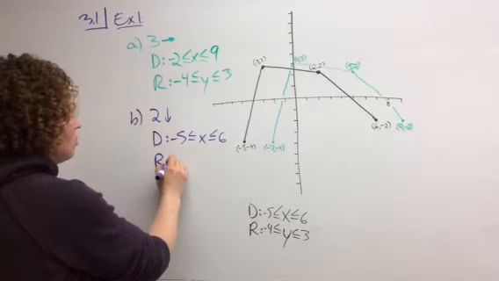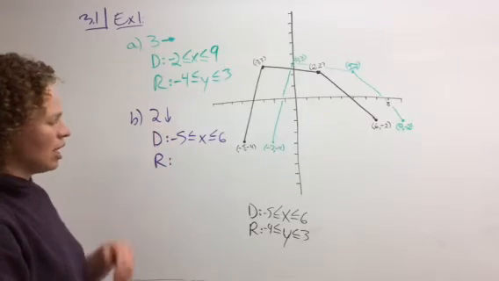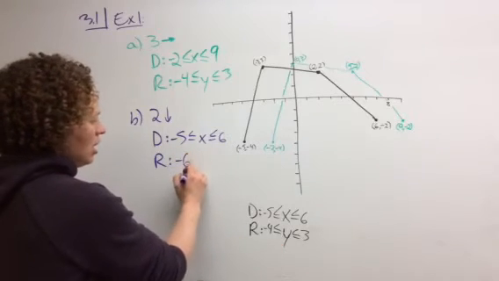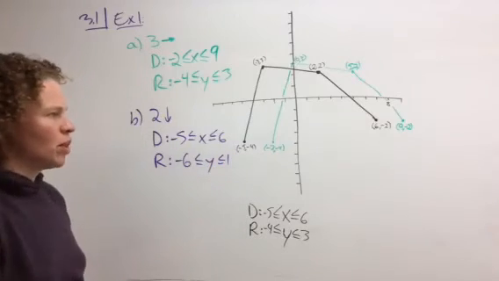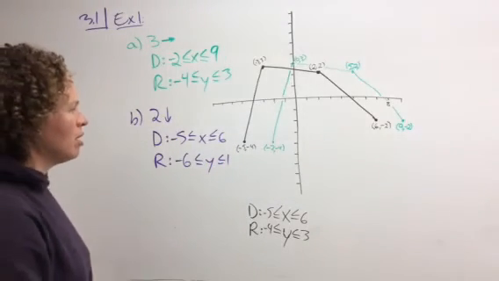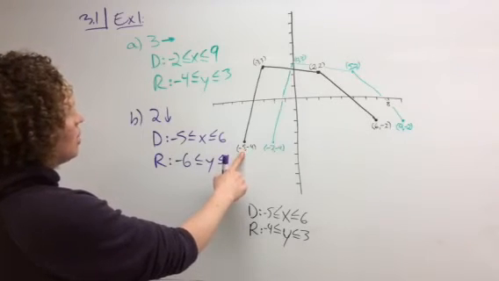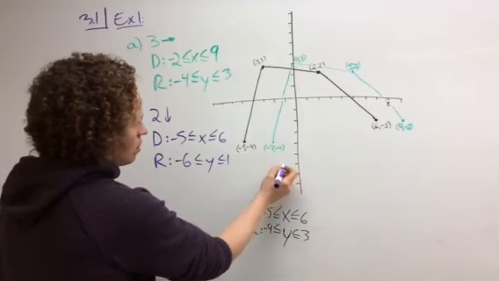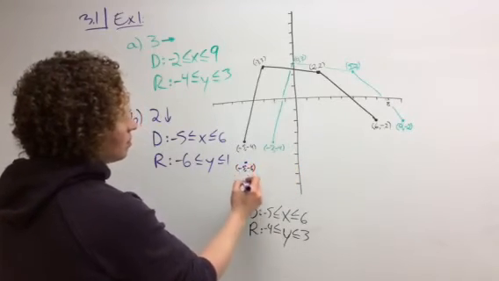The range, however, we can predict how it is going to change. If it's going 2 down, then we're going to decrease these points by 2, and it should be -6 and 1. We can check that out by actually plotting it. So this -5 and -4 point stays at -5, but it drops 2 to -6. So there's our -5 and -6 now.